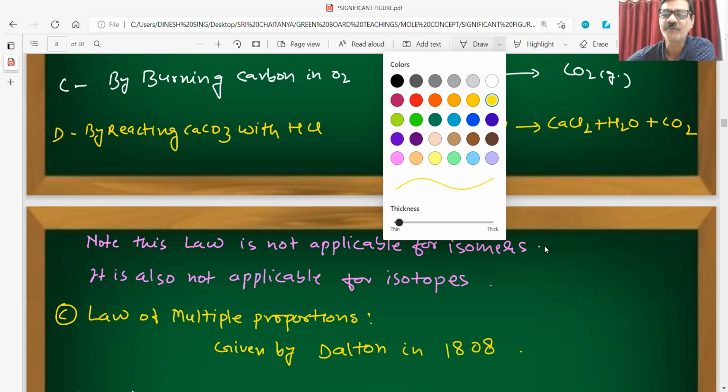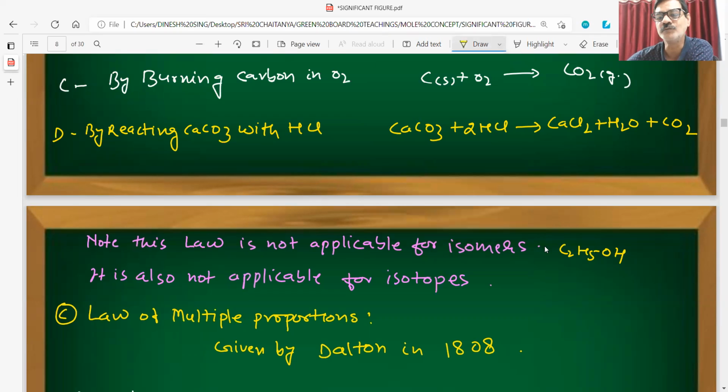So the ratio of carbon, hydrogen and oxygen is 2:6:1. And another isomer is CH3OCH3, dimethyl ether. Here the ratio is also same. So this law is not applicable for these two compounds, that is for isomers.